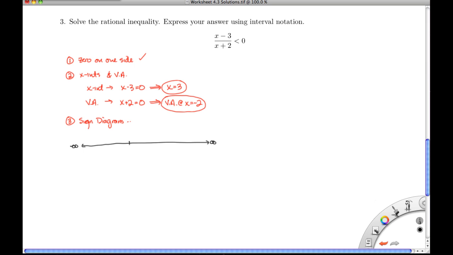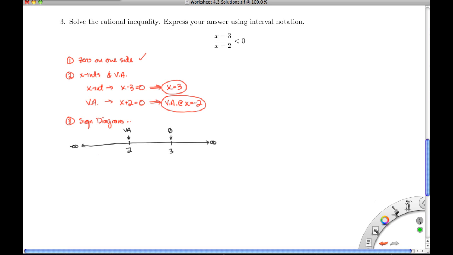But we're going to go ahead and plot our points. So we've got 3. Now remember, 3 is an x-intercept, so this is a 0 of our function. So I'm going to mark that as a 0. And then for -2, this is a vertical asymptote. Again, the authors will use the interrobang sign for these, whatever works for you. So those are the only 2 points that we're going to mark.